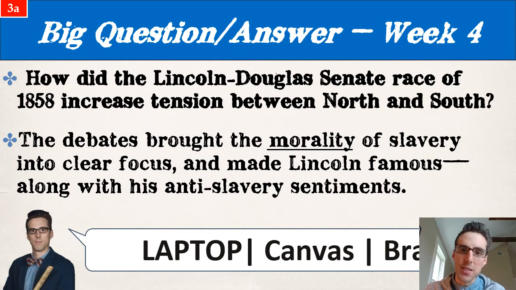And what happens is it brings the morality of slavery even more into sharper focus, right? Even more into relief, just like we've seen with the Fugitive Slave Act. And also at the same time, it makes Lincoln famous primarily for what the South believes to be his anti-slavery sentiments. Now, he was against slavery, as we'll see in some areas, but not in others.